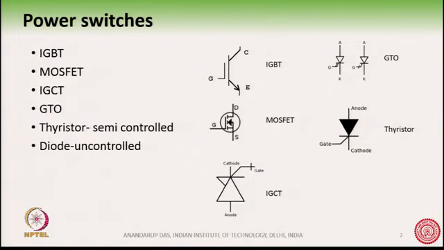The other important switch... IGBT is generally used at medium voltage levels, and so the rating of IGBT and other devices have been detailed in the next slide. But the main switches that we use in various applications of power electronics are IGBT, MOSFET, IGCT, GTO, thyristors and diodes.